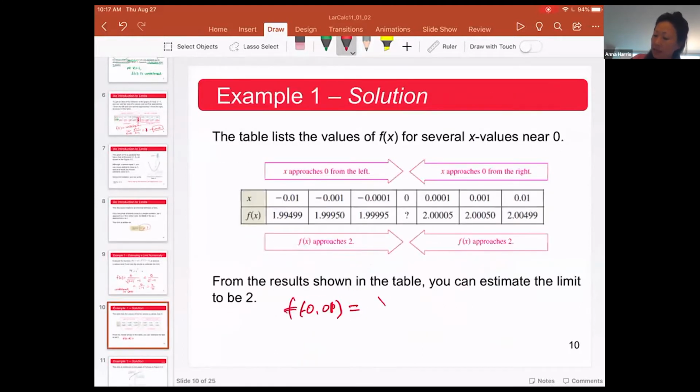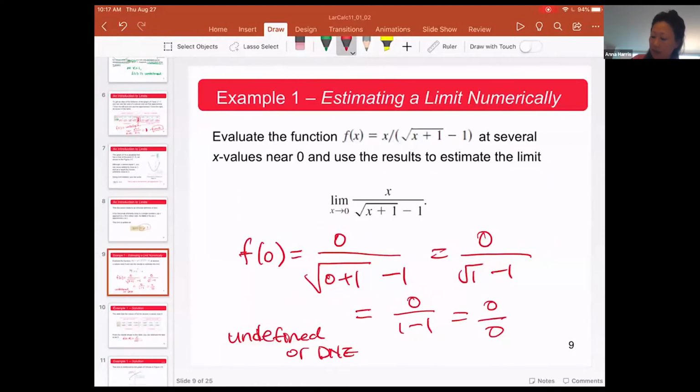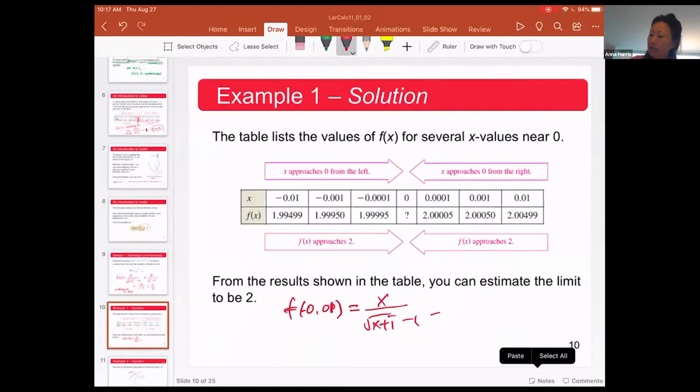It'd be x over square root of x plus 1 minus 1. Am I right? That's the graph. So that gives me negative 0.001 over square root of negative 0.001 plus 1 minus 1. That gives you this number, 1.99499. Are you following me?